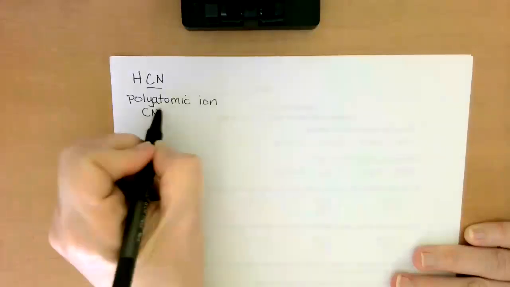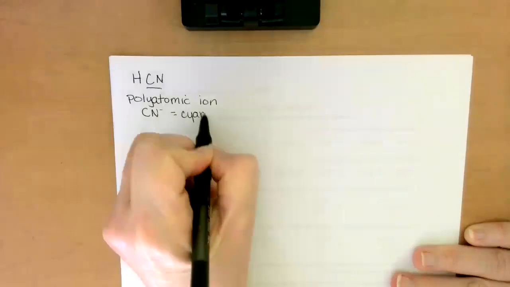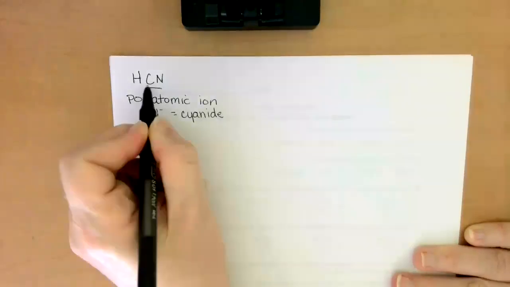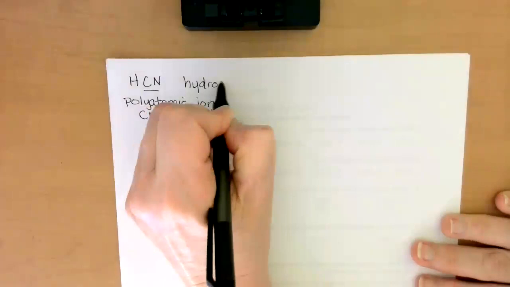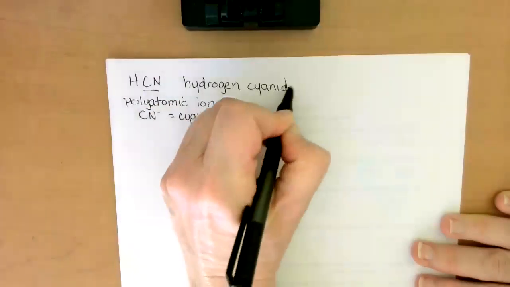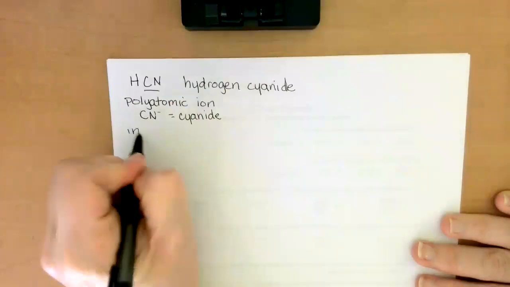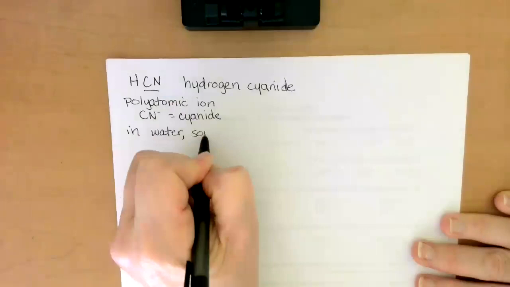His name is cyanide. So even though we're bonding with a nonmetal hydrogen, the name for this compound is going to be hydrogen cyanide. In water, some cyanide ion will form.